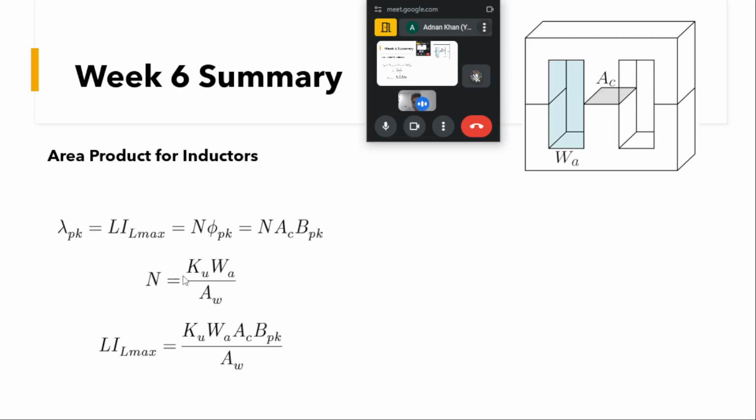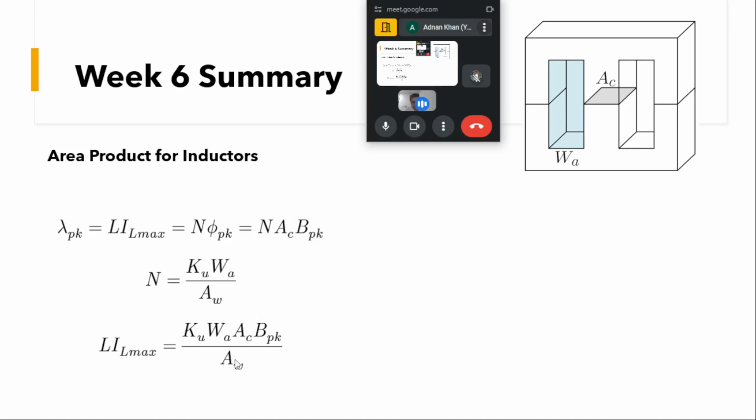If we substitute this N in the equation, we get L IL max equal to Ku into Wa Ac B peak into Aw, where Ku is the window utilization factor, Wa is the window area, Ac is the core area, B peak is the peak magnetic flux density, and Aw is the area of the conductor.